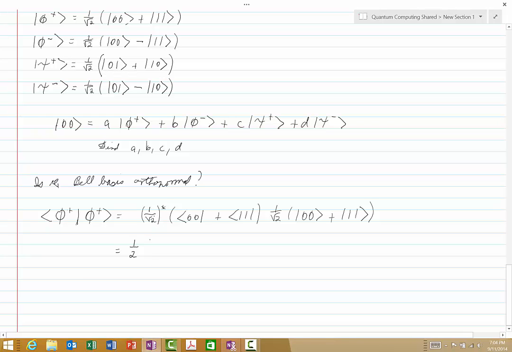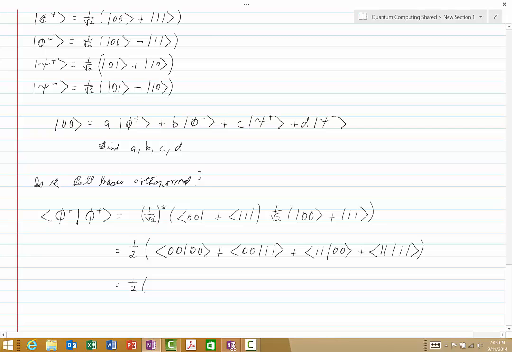And then we will get the following inner products. Now, how do we evaluate these?